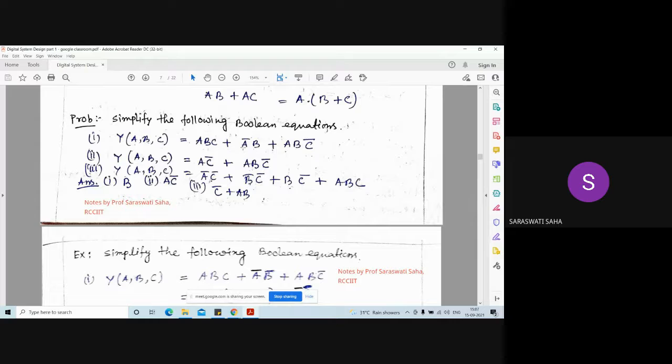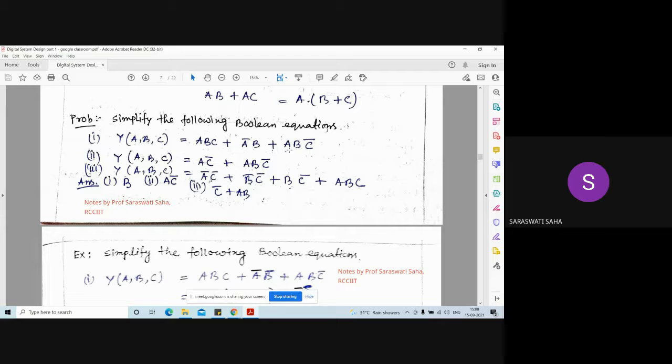Here, to get A bar B, first you should convert A to A bar, so one NOT gate is required. Then A bar, that is the output, will be multiplied with B, so another AND gate is required, a 2 input AND gate. Then you will get this term.